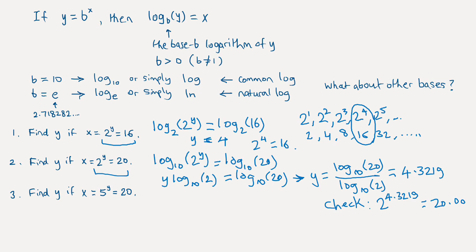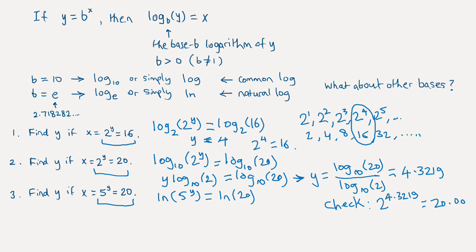Let's do one final example, number 3 here, and let's use the natural log for this example. It doesn't actually matter whether we use the common log or the natural log, just as long as we're consistent. So let's use the natural log. Here we're going to have the natural log of 5 to the power y equals the natural log of 20.